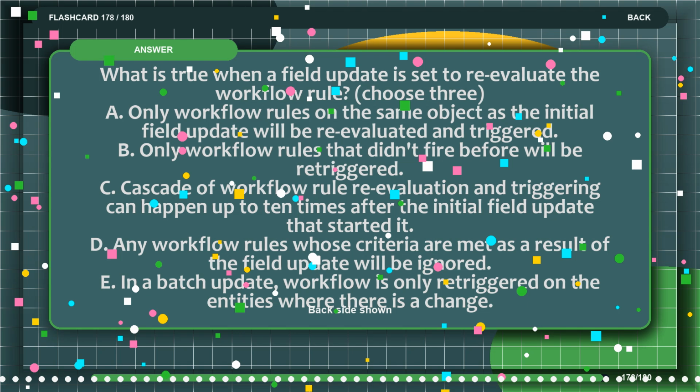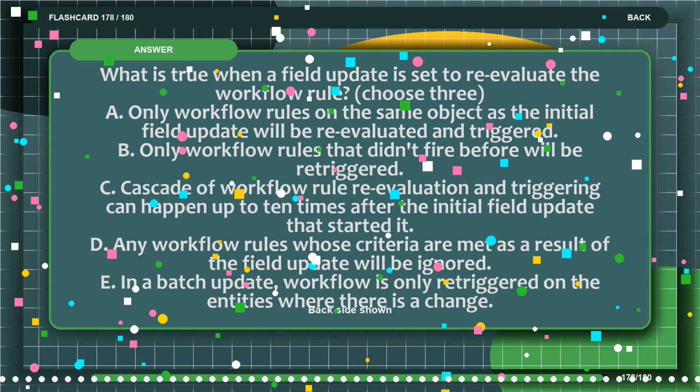The answer is: what is true when a field update is set to reevaluate the workflow rule? Choose three. A. Only workflow rules on the same object as the initial field update will be reevaluated and triggered. B. Only workflow rules that didn't fire before will be retriggered.